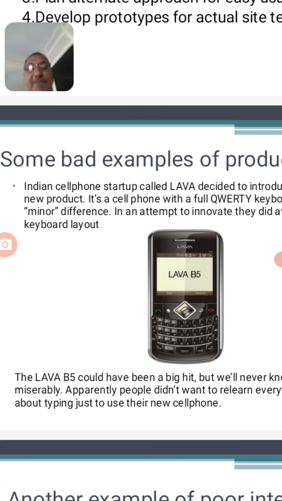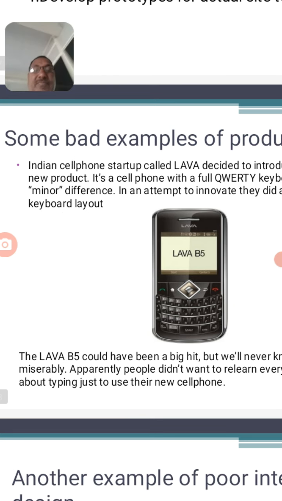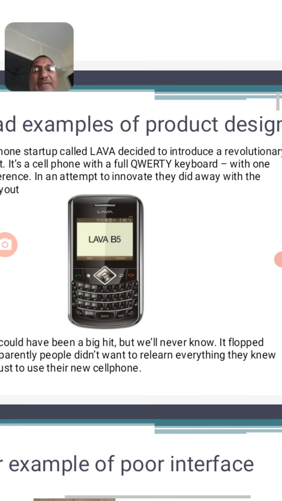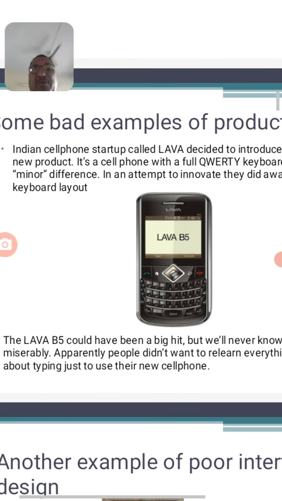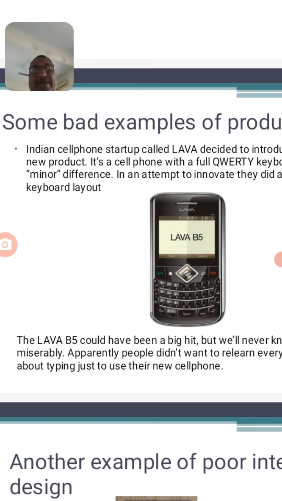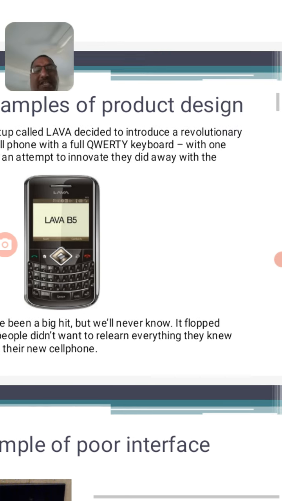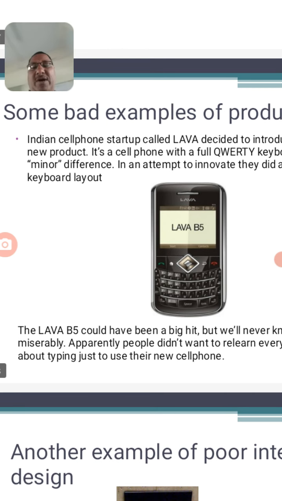The Lava B5 could have been a big hit, but we will never know. It flopped miserably. Apparently, people did not want to relearn everything they knew about typing just to use their new cell phone. People were very familiar with typing.